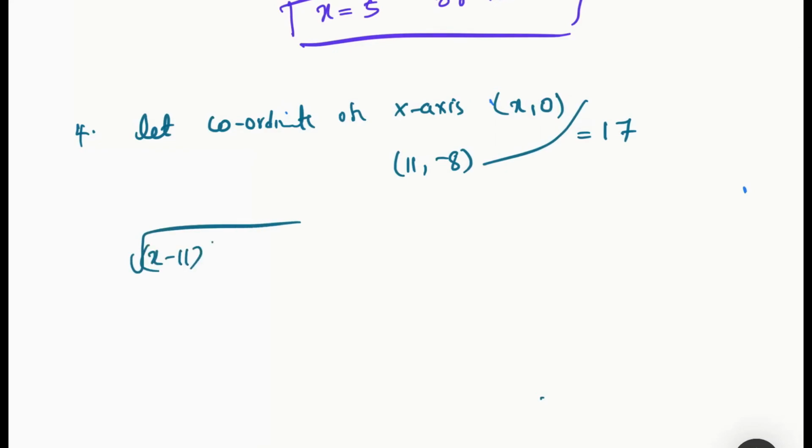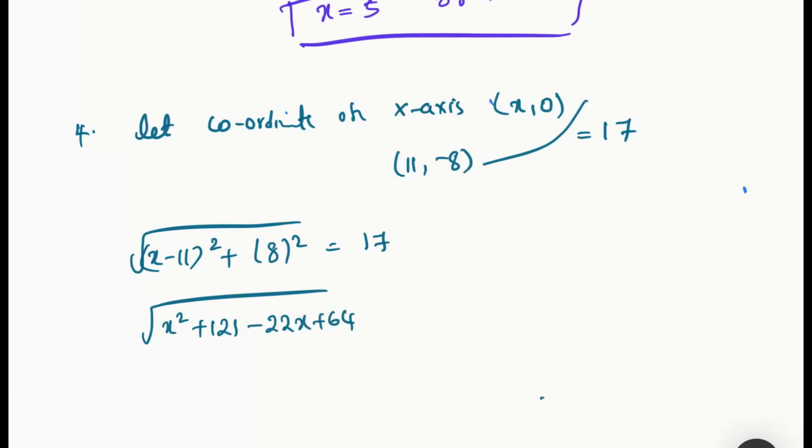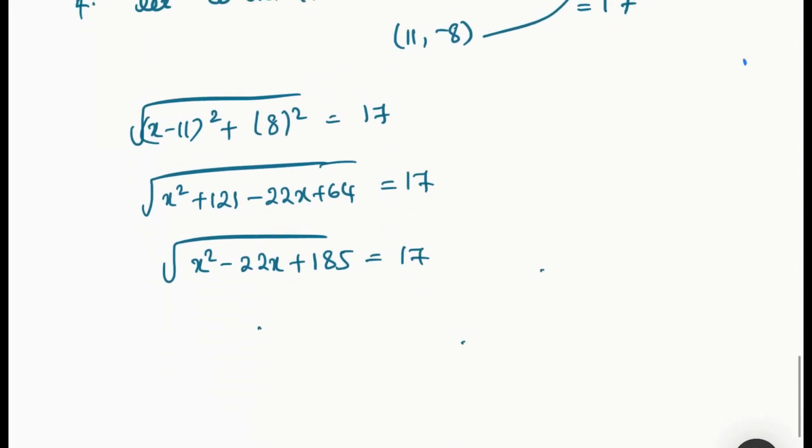So root of (x minus 11) square plus (0 minus of minus 8) square equal to 17. So we have root of x square plus 121 minus 22x plus 64 equal to 17. So you have root of x square minus 22x plus 185 equal to 17.